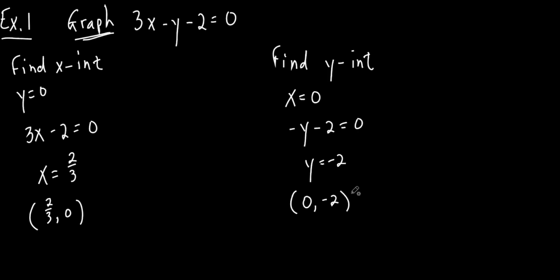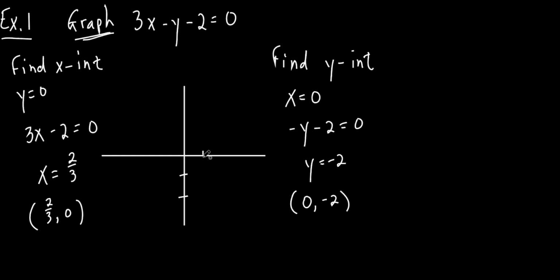So now the graphing part's the easy part. We did all the hard work. The easy part right now is just to graph the thing. And I'll just do it right here. So on the y, it goes to negative 2. And this goes to positive 2/3.